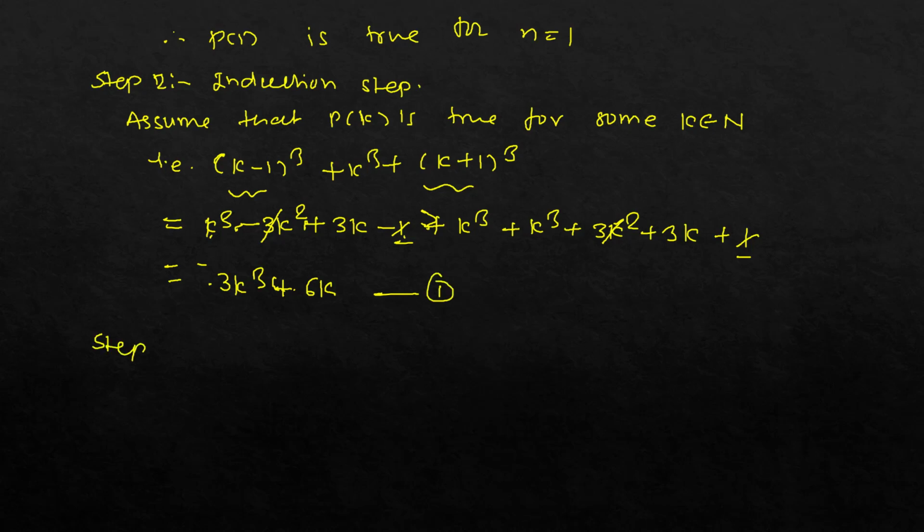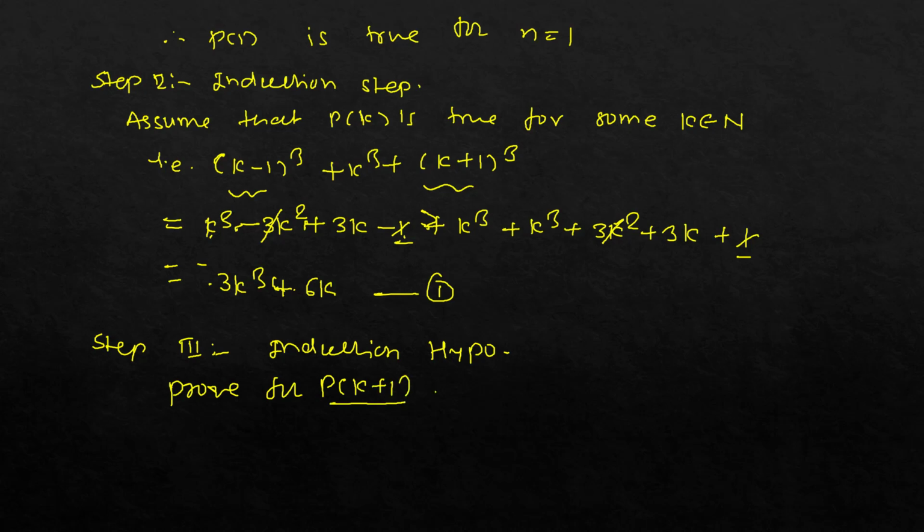Now step number three, the induction hypothesis. That is, proof for P of k plus 1. So proof for what? P of k plus 1. Again, this one is a constant term, not a sequence. So what do we have to prove here? That is (k plus 1 minus 1) cube plus (k plus 1) cube plus (k plus 1 plus 1) cube.